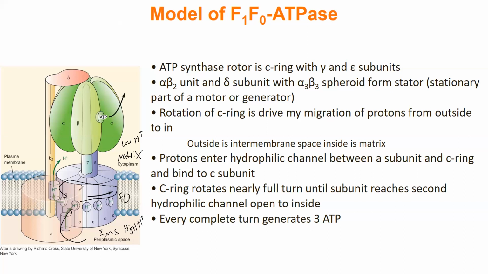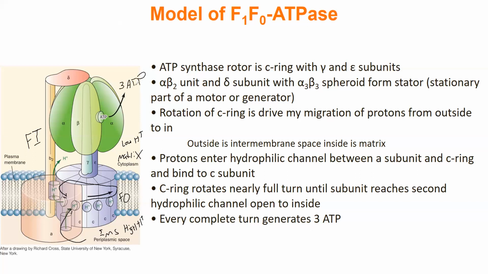This turbine spins, and this turbine, this F0, they're connected to F1 through this gamma subunit. And you are causing this conformational change to happen in your A and B subunits that we just talked about, making ATP formation. So that is basically what's happening. And for every one turn, you get 3 ATP.